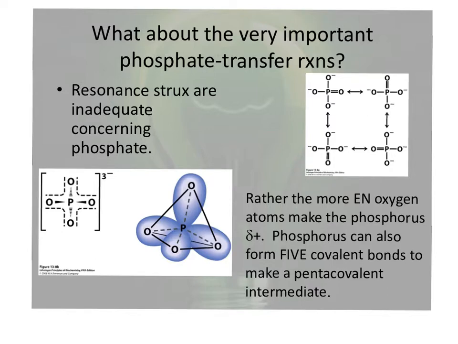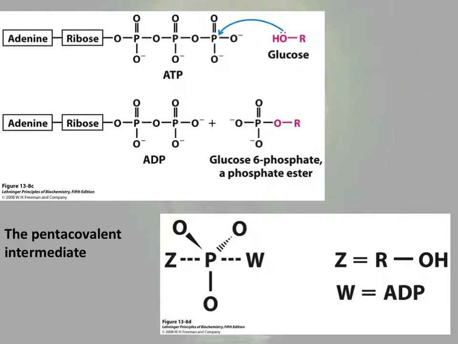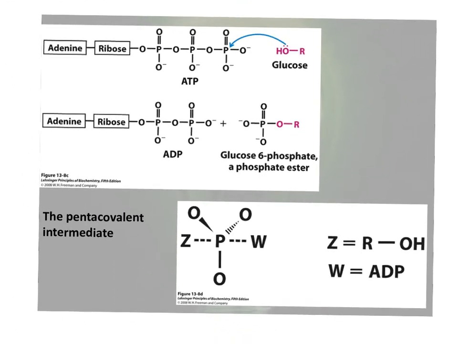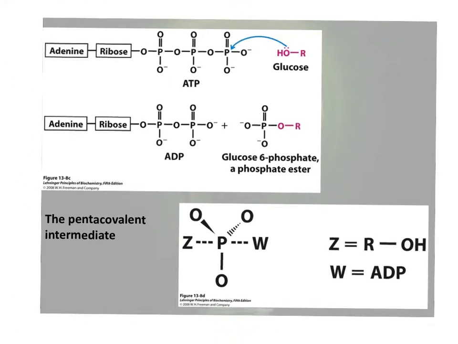I don't have an example. I thought I did. Oh, I do. Okay, good. So this is the example here. The example they're showing is a glucose that's being phosphorylated, and this is enzymatically catalyzed.